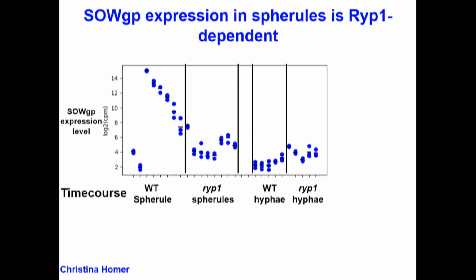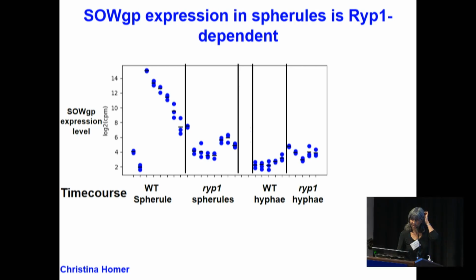You can see in this wild type and RYP1 mutant time course that the SOWgp transcript is induced in wild type as the cells make spherules, and that expression drops a little bit as the cells move into the endospore form. It's not induced in the RYP1 mutant under spherulation conditions, so the expression is dependent on RYP1. And then, as expected, you don't see it under hyphal conditions at all.